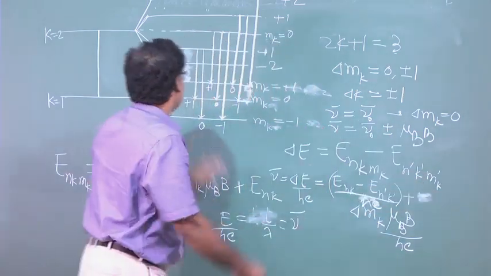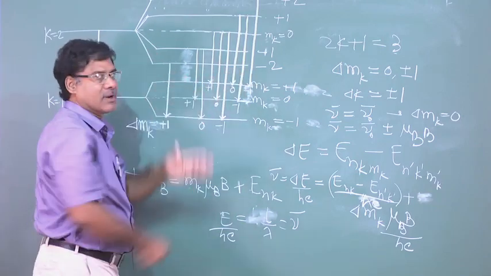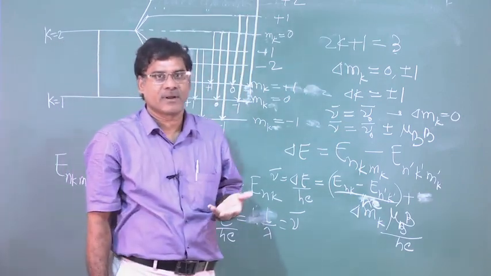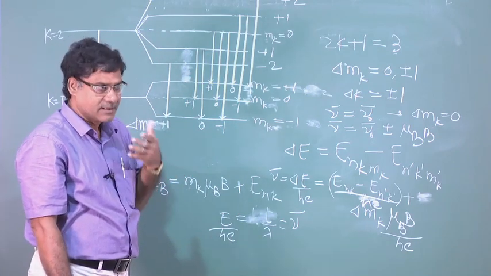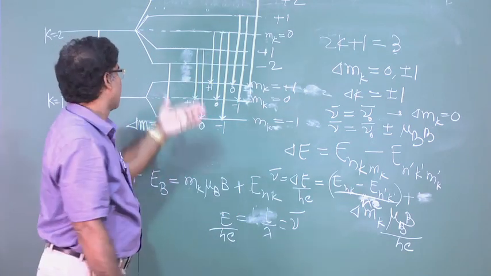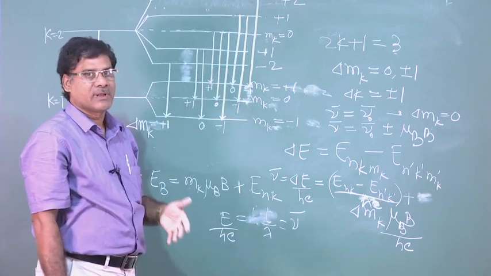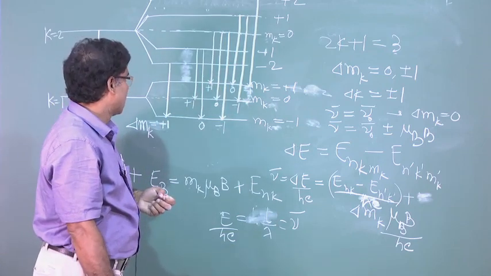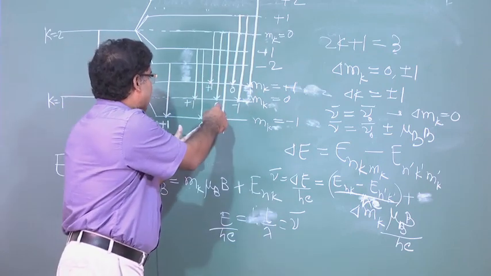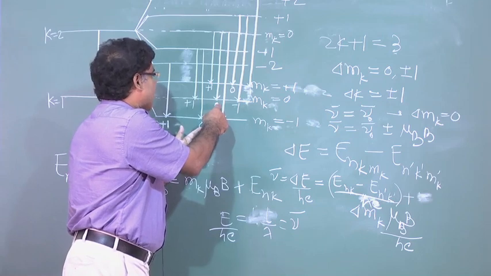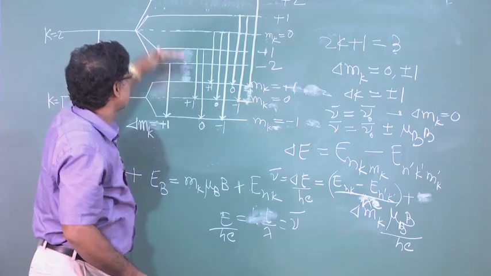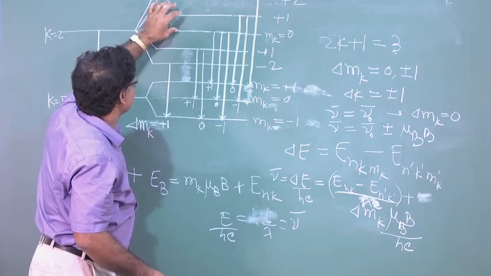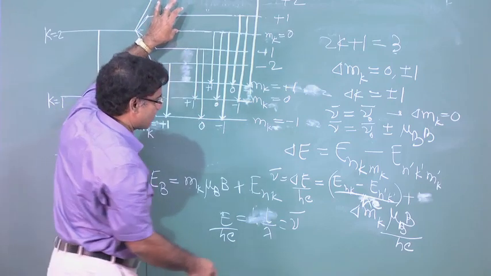So, that is why, of the 9 lines we are getting, their energies are not all different; only 3 different energies of spectral lines we will get. For delta m k equal to 0, all 3 will have the same energy, because of symmetry, it is shifted by the same amount.